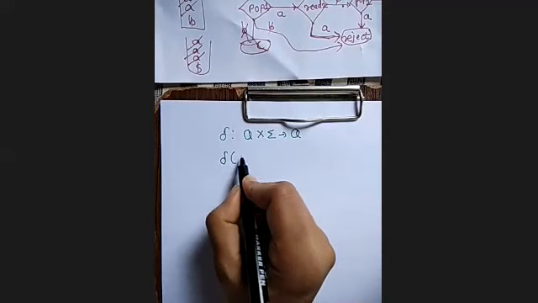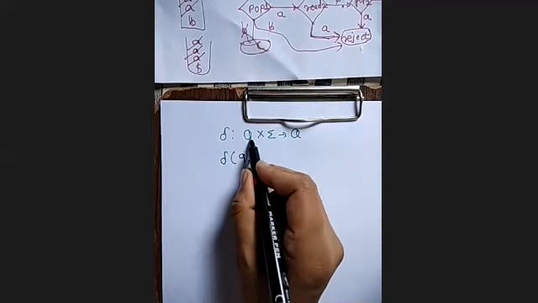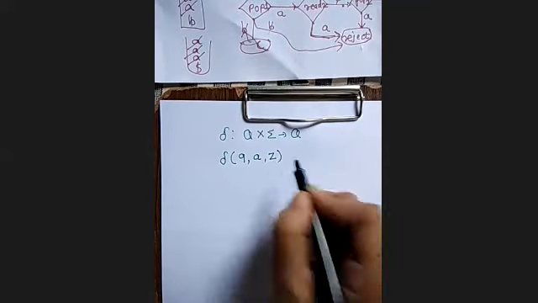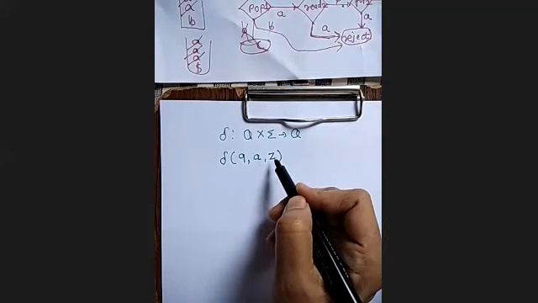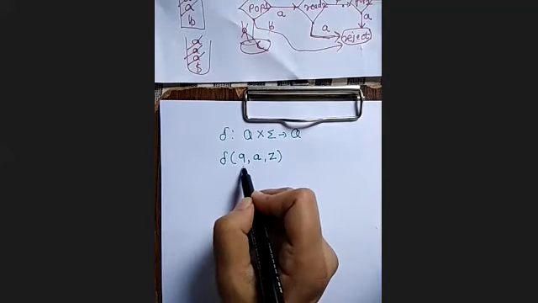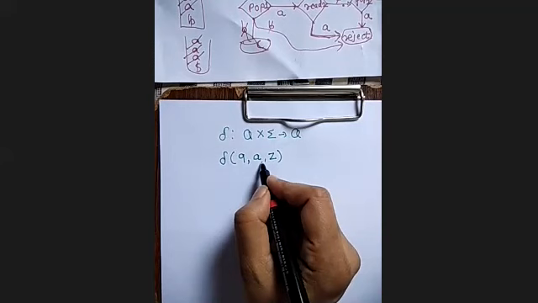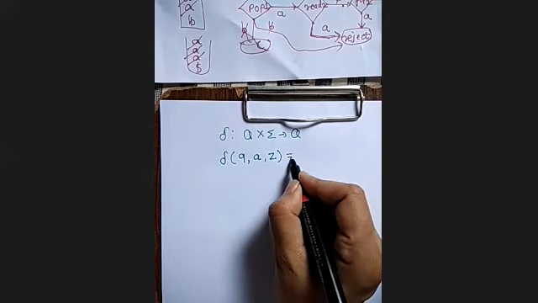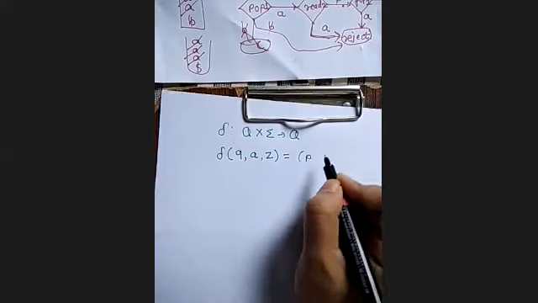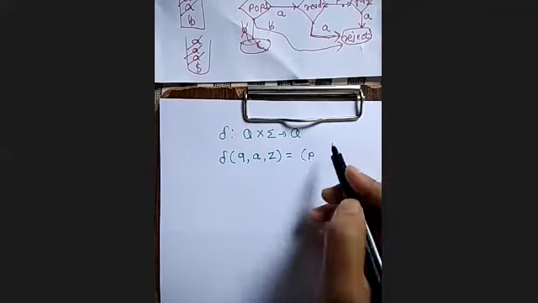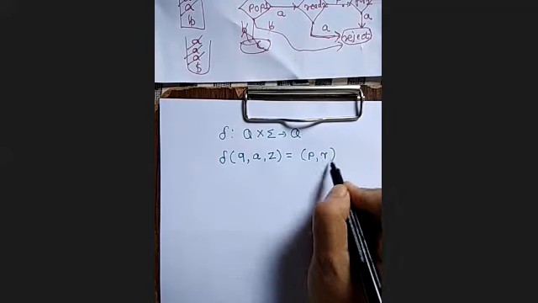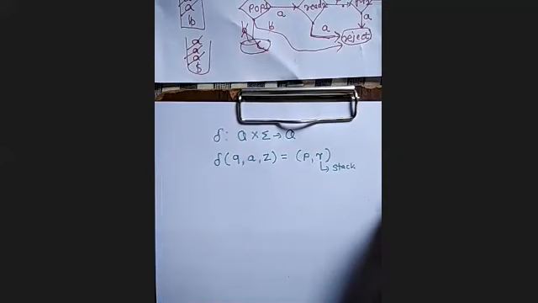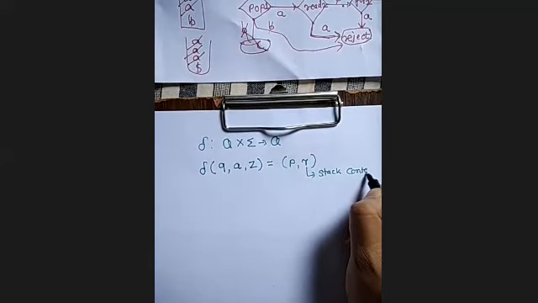Here we are using 3 symbols: state, input symbol and the stack top symbol. Q is the current state, A is the current input symbol, Z is the symbol at the top of the stack, and then this determines the next state. And what we added here is our stack contents after performing the transition.